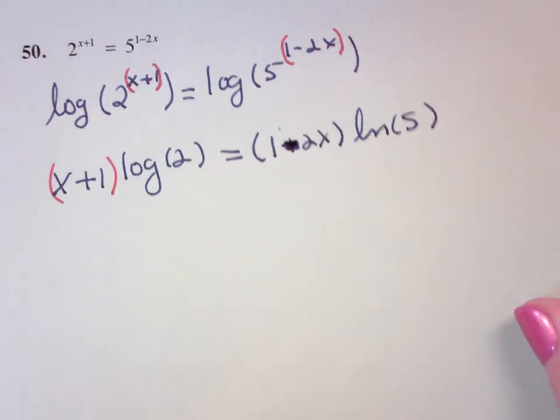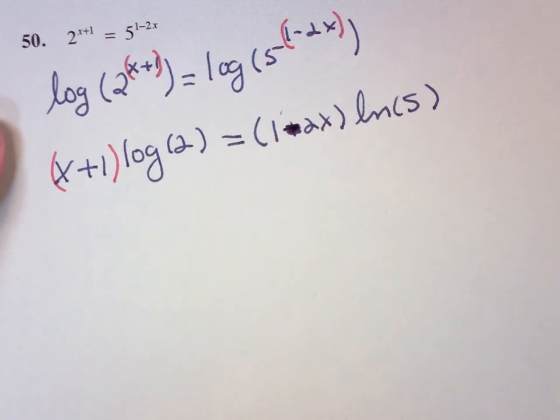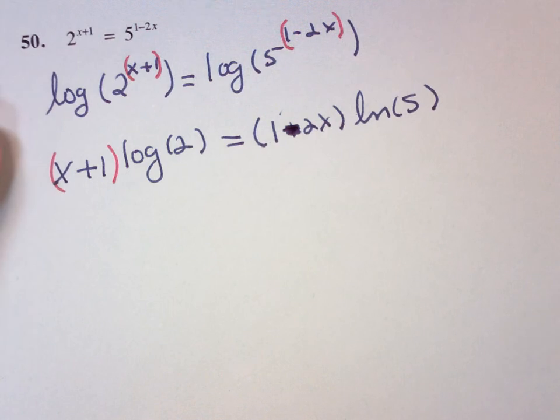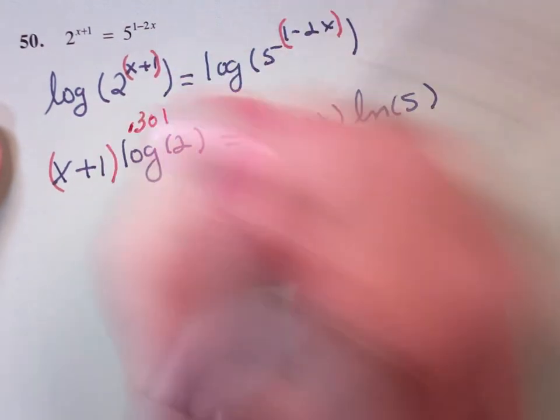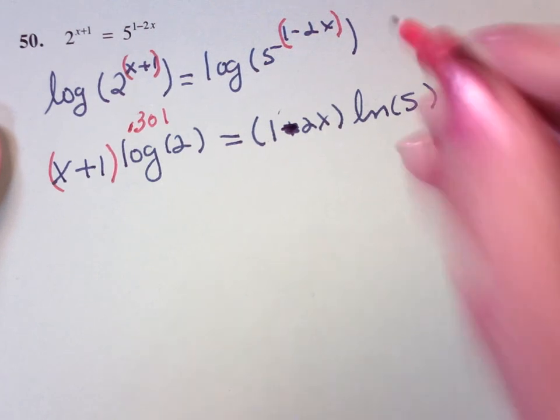So what do I do from here? Well, this is a number. Log of 2 is 0.301, so I could change this to 0.301 and you might be happy. Because all this is 0.301 and then this should be log.